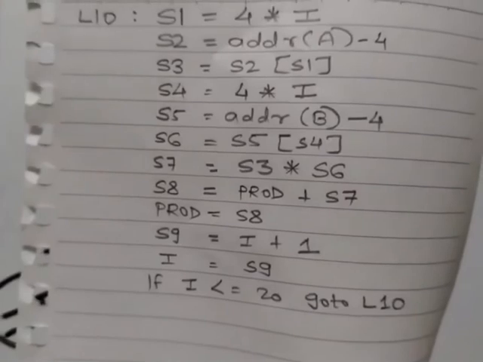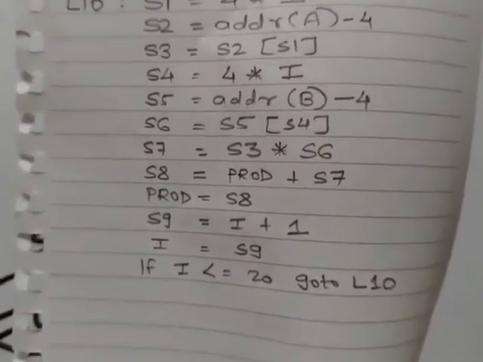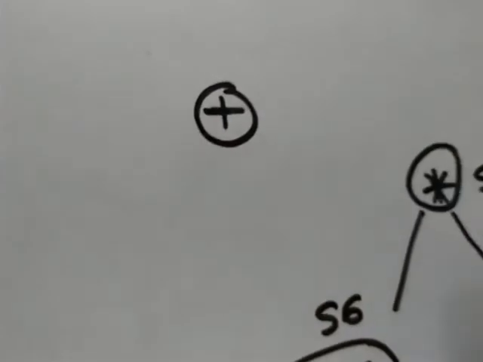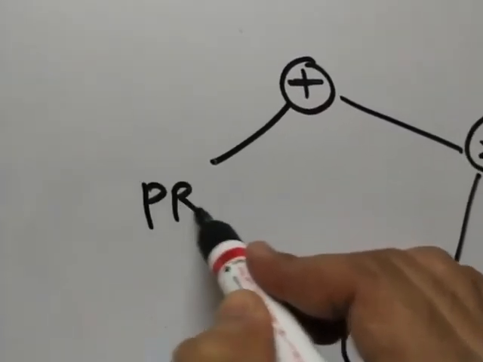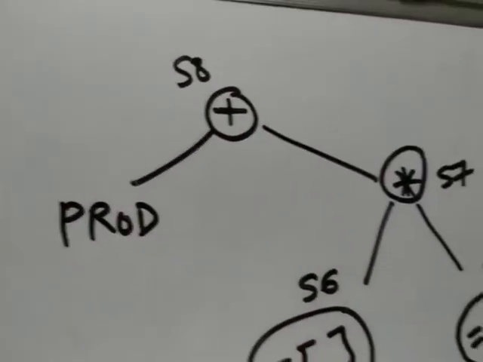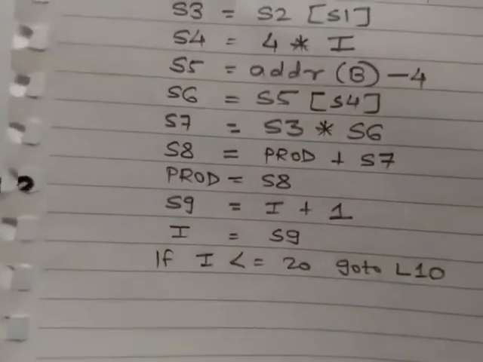So we have to create product as a new node, and we have to add S7 into it. So add this S7 with a new node, let's say prod, and this will be called asset. So asset will be the addition of product plus S7.